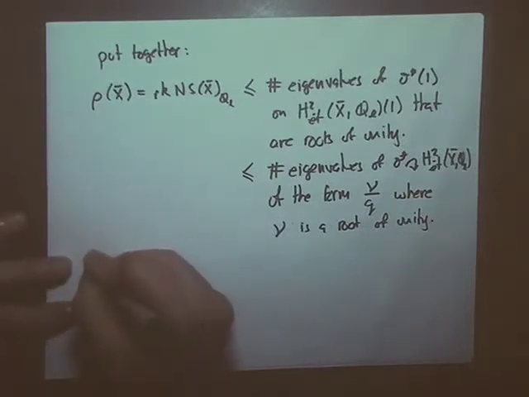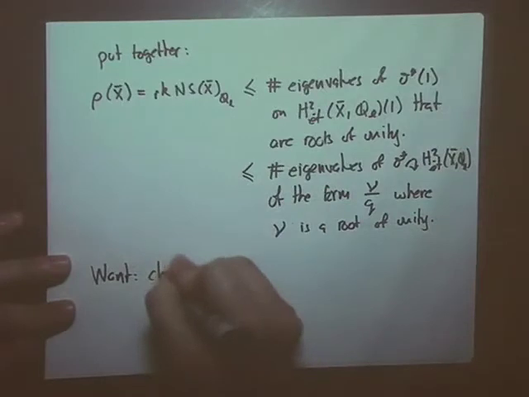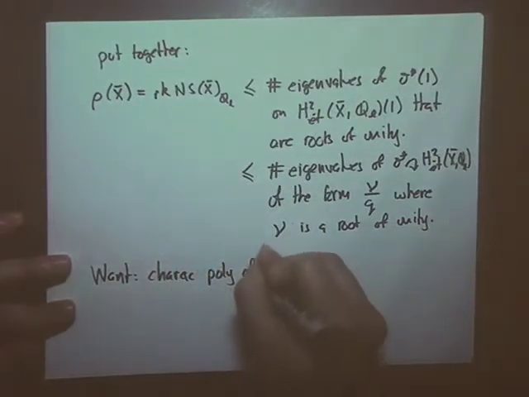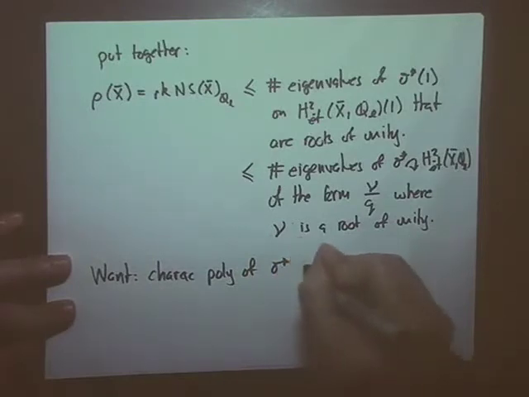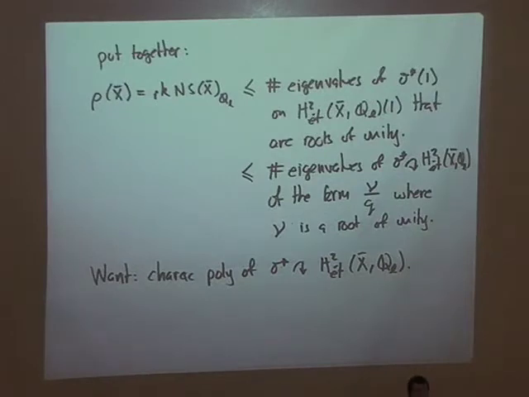So what we want is the characteristic polynomial of this sigma star acting on this QL vector space. I also want $10 million, but we can't always get what we want, so that's not going to happen either.